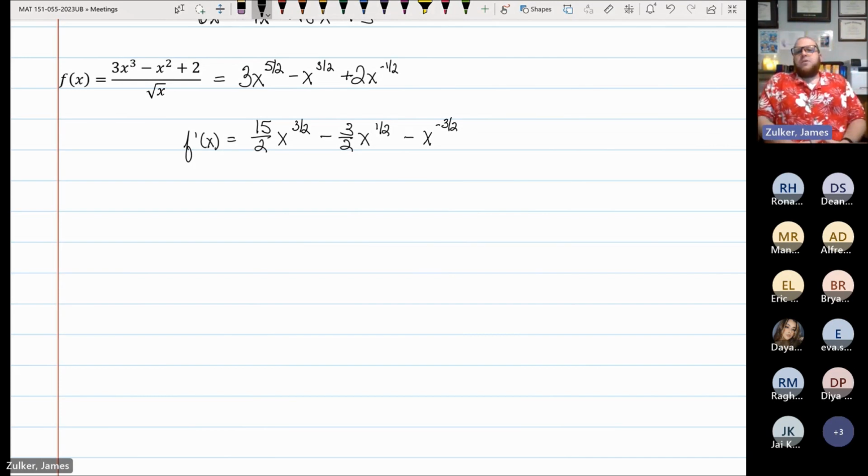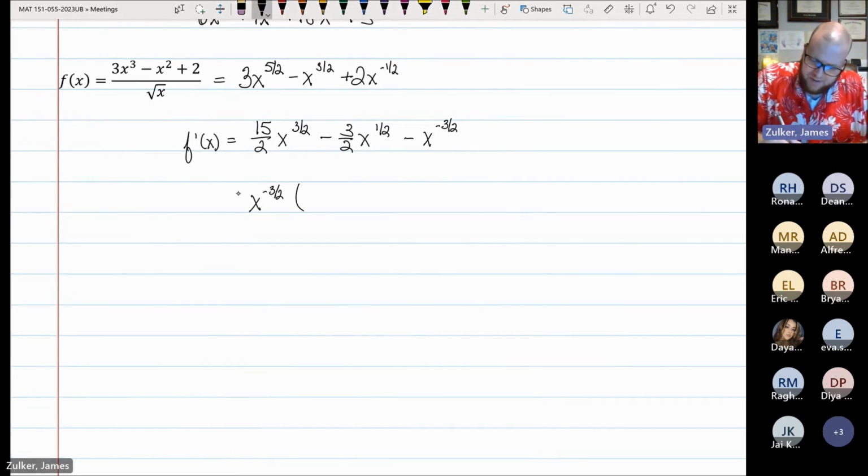This is just a simple sum difference power, right? Factor out the x to the minus 3/2.